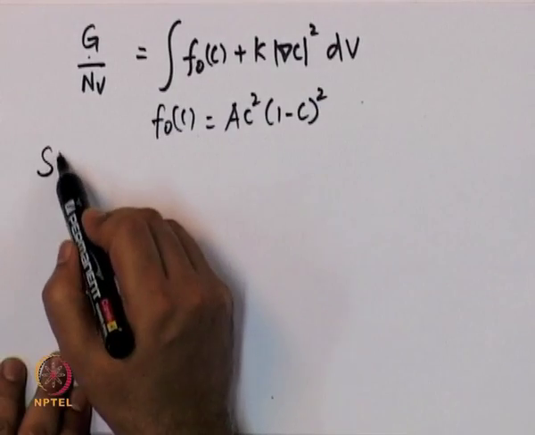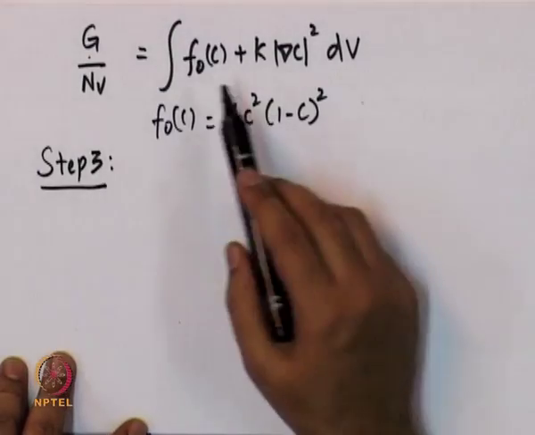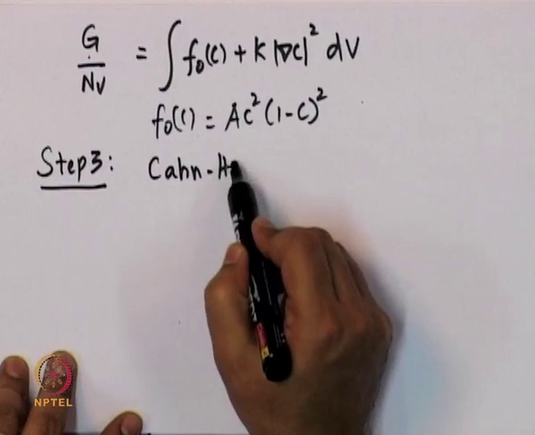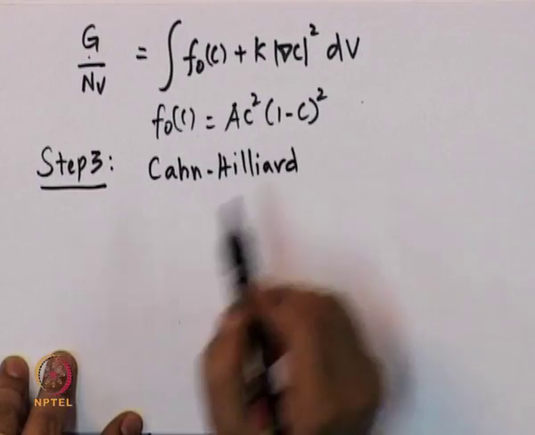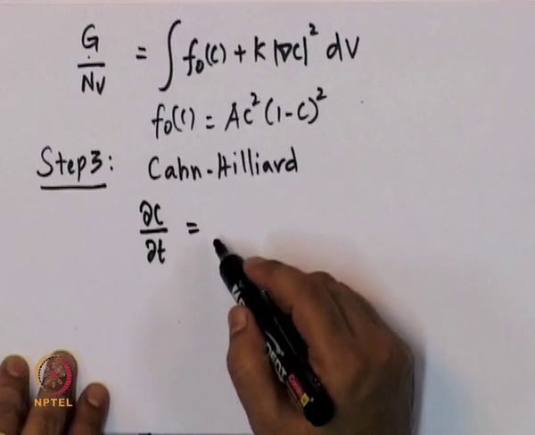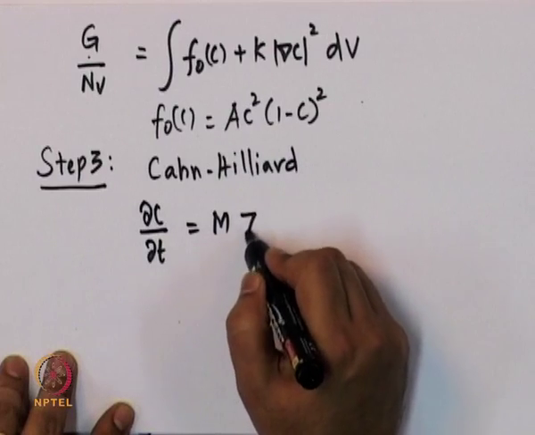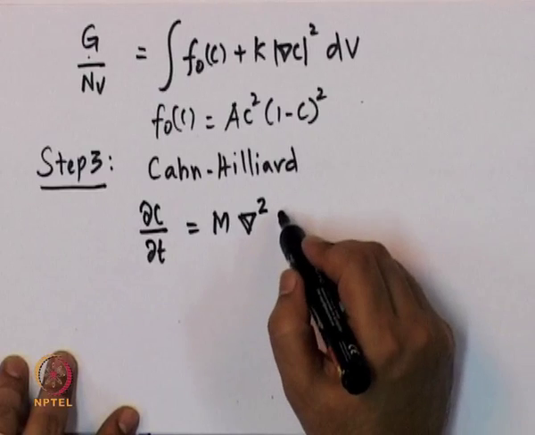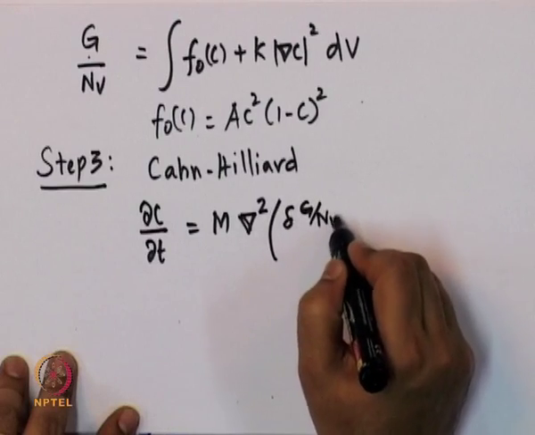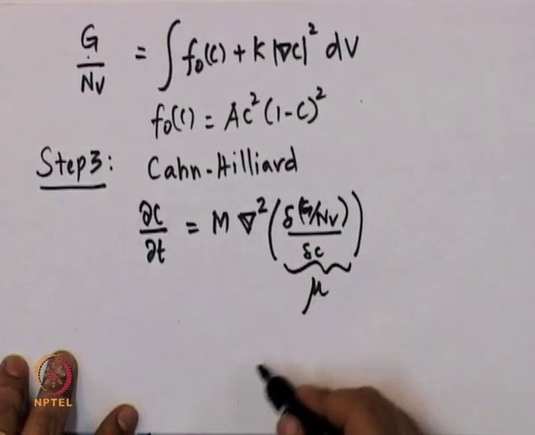Now, step 3 is to write the evolution equation. Because C is a conserved order parameter, we want to write the Cahn-Hilliard equation. What is the Cahn-Hilliard equation? It says dou C by dou t is equal to, assuming the mobility is a constant m, m del squared acting on mu, which is nothing but del G by NV by del C, because this is the chemical potential.